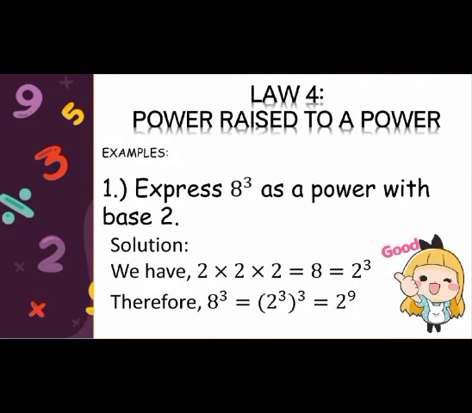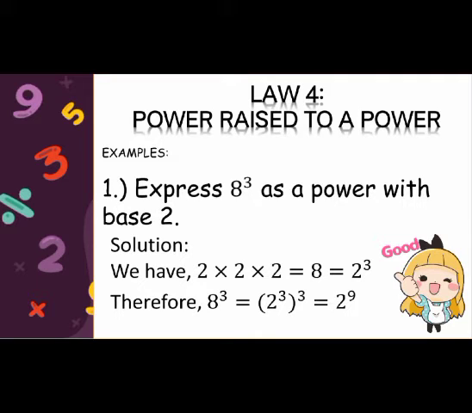So here is the example in the power raised to a power rule. We're going to express 8 cubed as a power with the base 2. Our goal here is to get a base 2 in the given 8 cubed. 2 times 2 times 2 is equal to 8, so that will be 2 cubed.